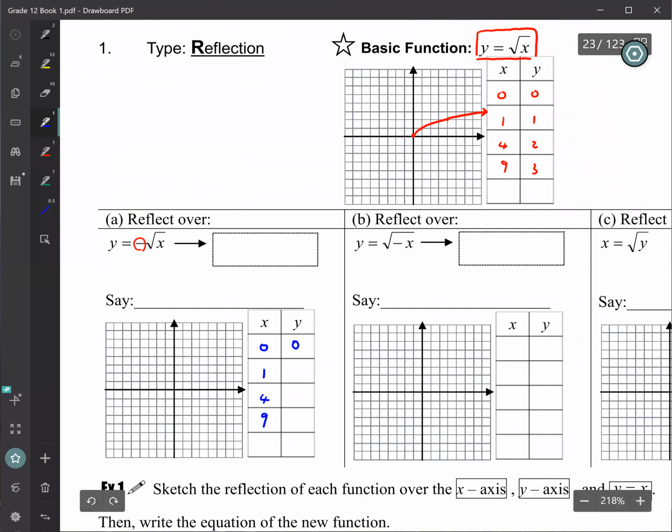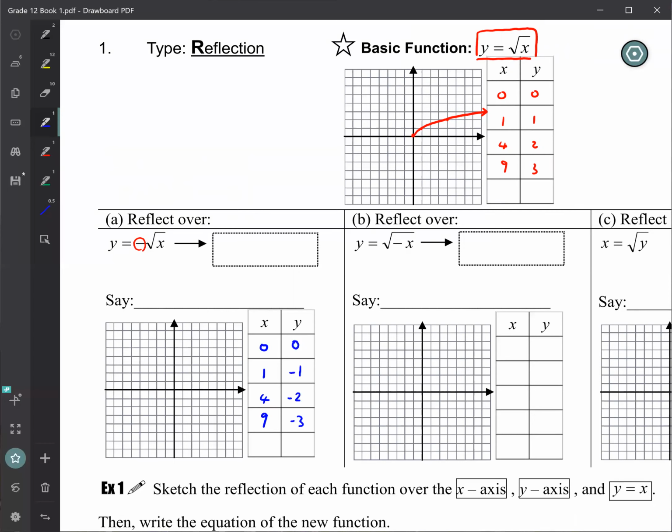And then the next one will become -1, because it used to be 1, and now you times negative. So all the y values times negative. 9 goes in, it will be square root of 9, which is 3, but times negative, so -3.